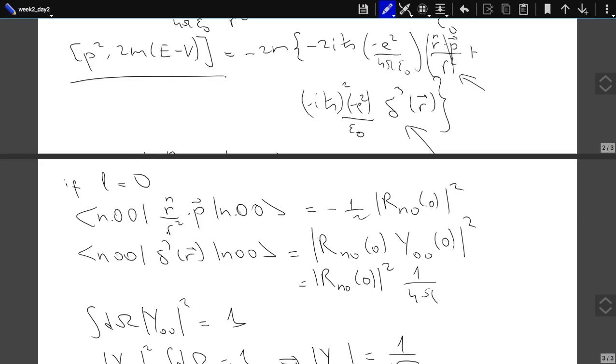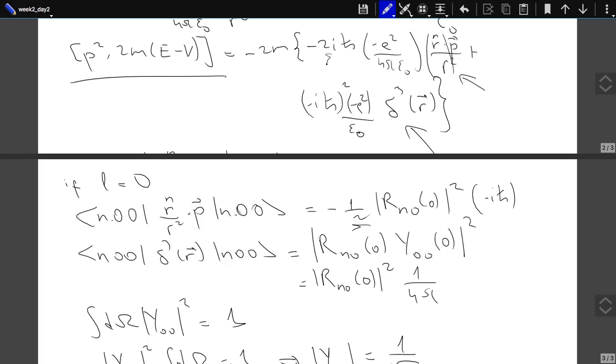And the matrix element of Rp, there is something we had forgotten over there. It has the minus i h bar. This is P. So from the matrix element of P, we have an additional h bar, and we have this additional 1 over 2 term. So it will cancel this 1 over 2, and both of the terms will cancel each other. So the matrix element will be 0, even for the L equal to 0 case.